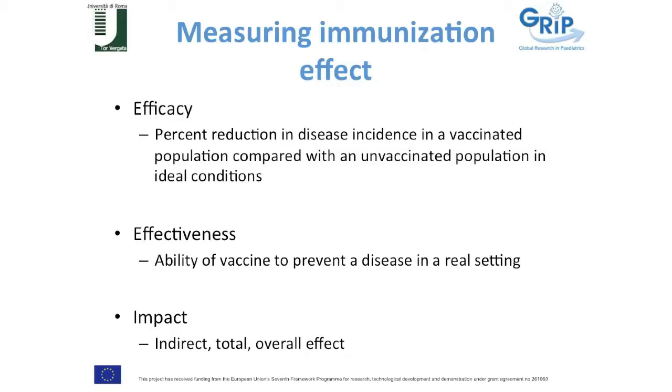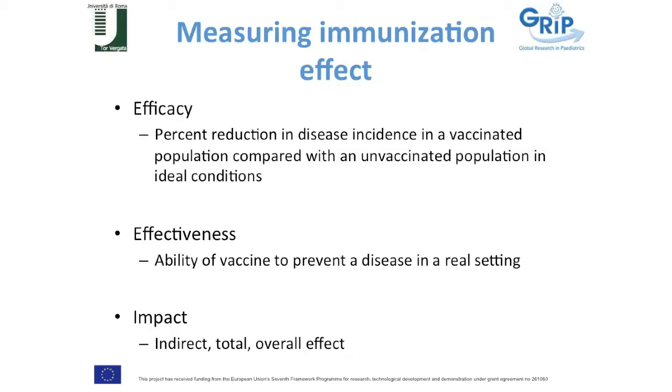So the concept behind this measure is that we're comparing immunized versus non-immunized individuals, and we're measuring a decrease in incidence of disease. Now, since randomized clinical trials are conducted in ideal conditions, we sometimes need to estimate or evaluate the effectiveness, what happens in the real world. And that's something that is sometimes obtained with observational studies in post-licensure studies.